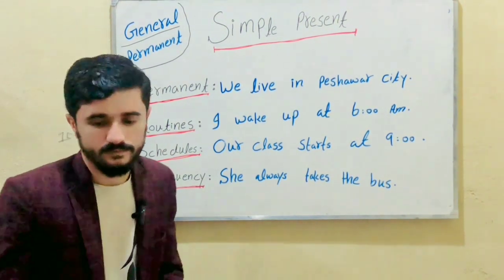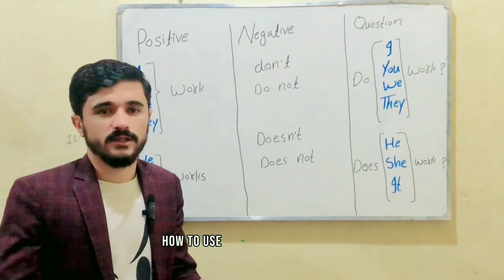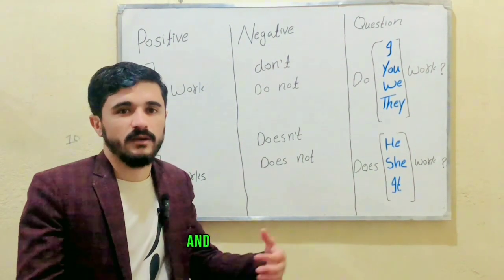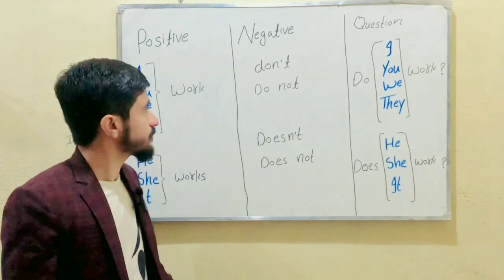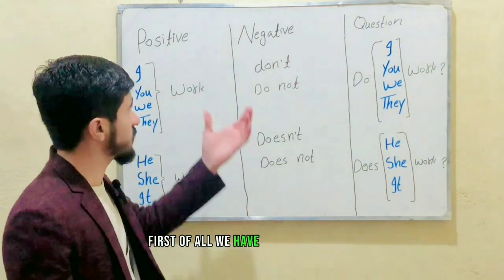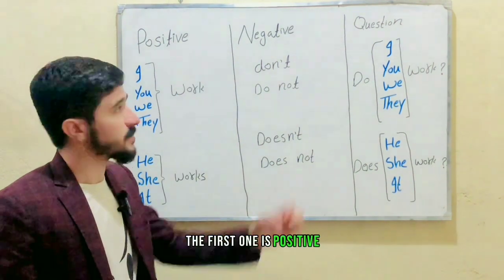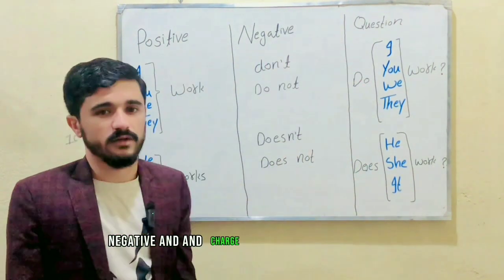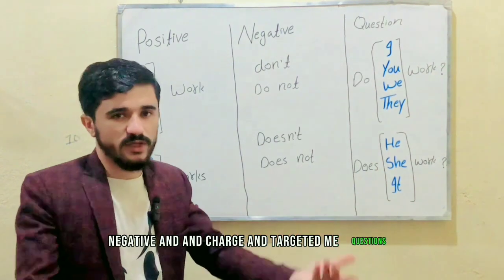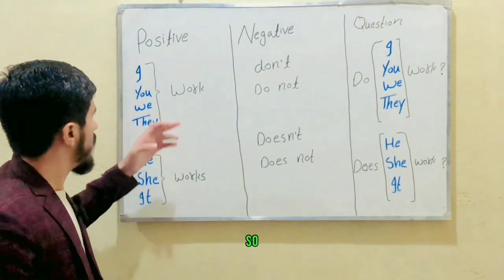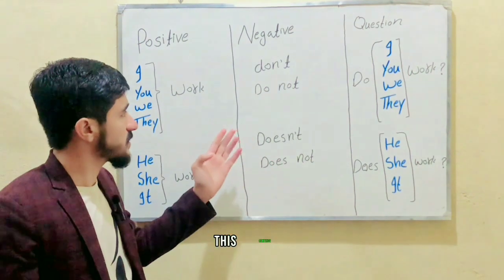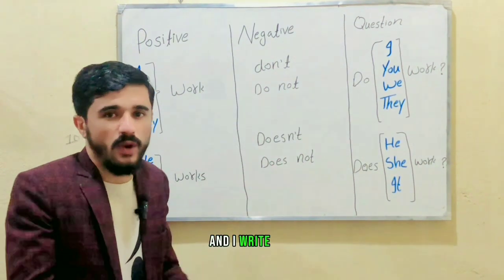So how do we use simple present tense in making sentences? First of all, we have three forms: positive, negative, and interrogative. Interrogative means questions. So how do we use them in the right way?